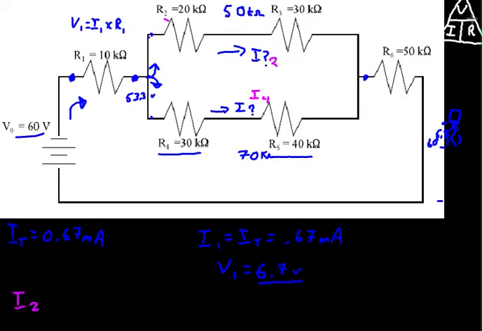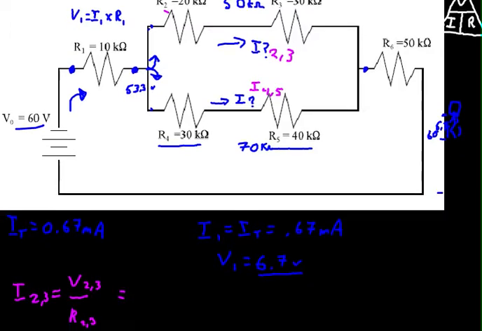So I2 equals what? What is I? I is V over R. So which equals V2 over R2. We'll call these I2, I3 and I4, I5. So I2, I3 equals V2, V3 over R2, R3.